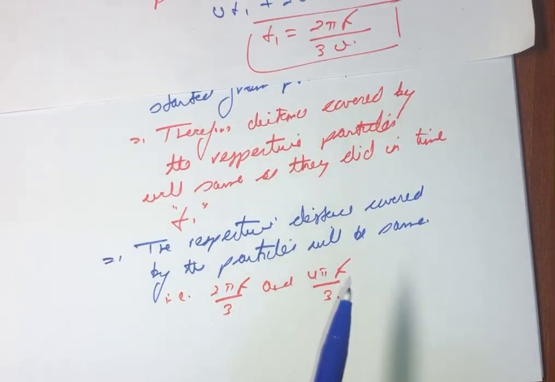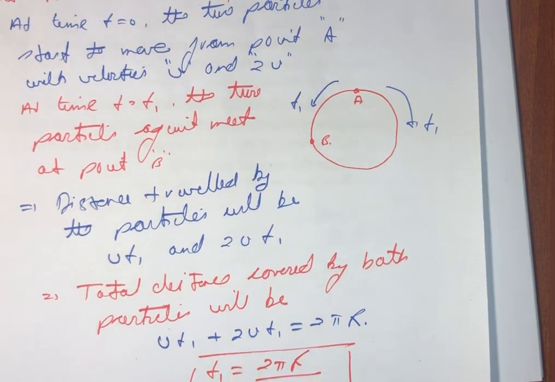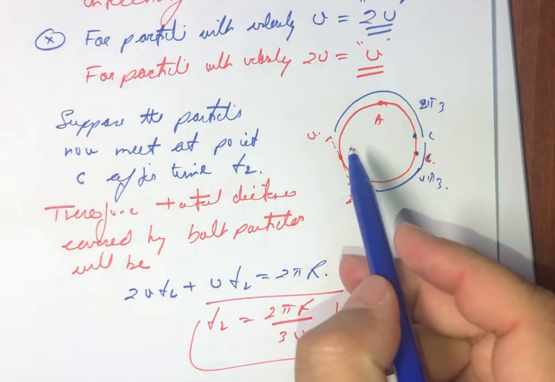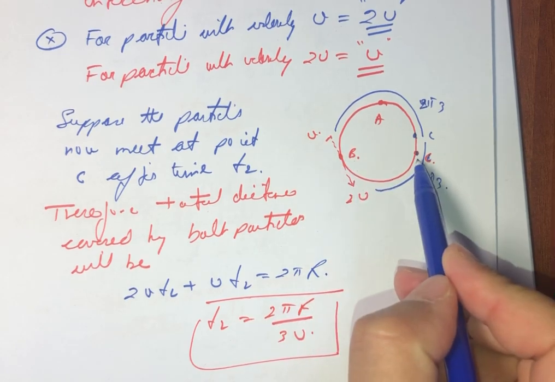Okay. So we can say that the objects before reaching point A once again collided at two places, point B and point C. Okay.